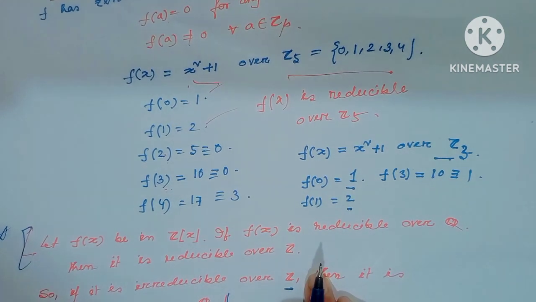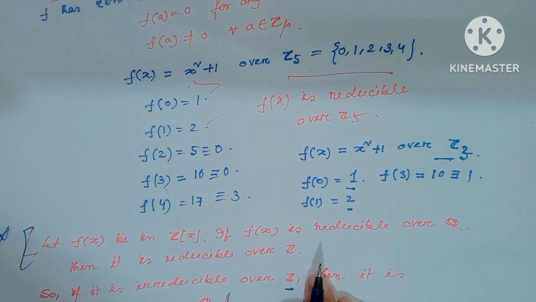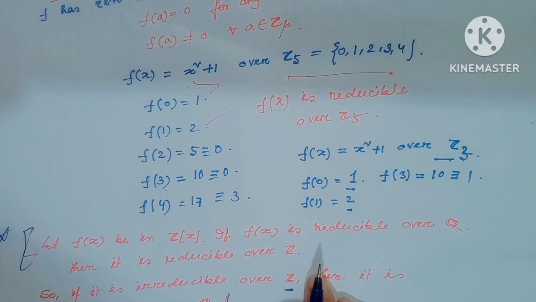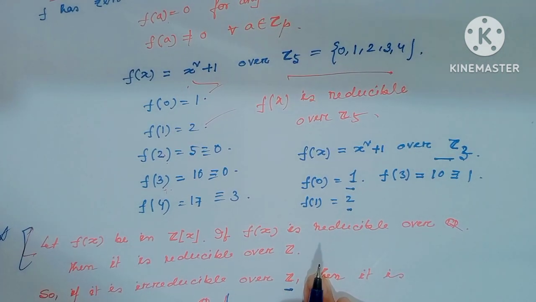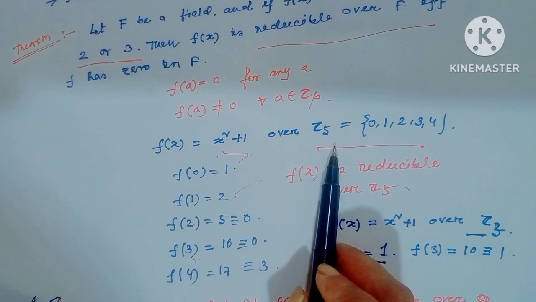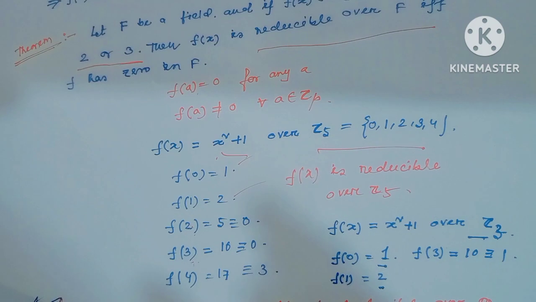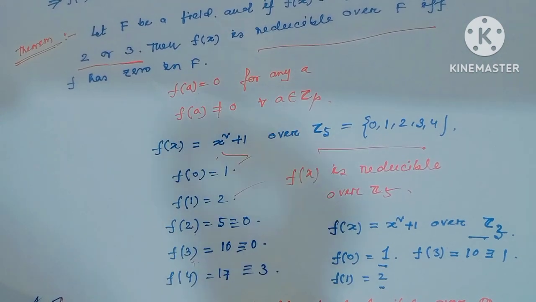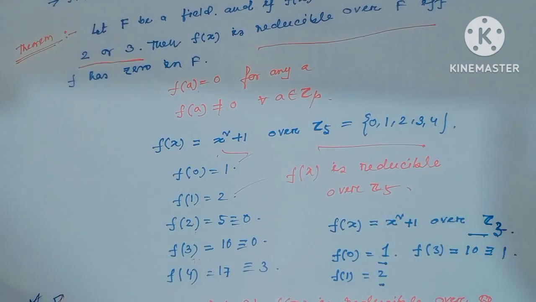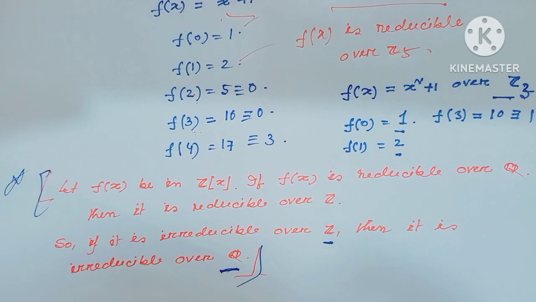So f(x) = x square plus 1 is irreducible over Z3. But this polynomial is reducible over Z5. That means reducibility and irreducibility actually depend on the field.